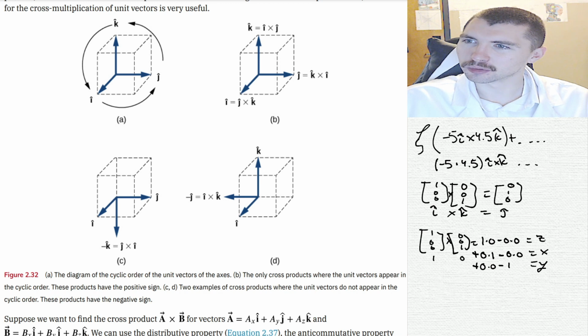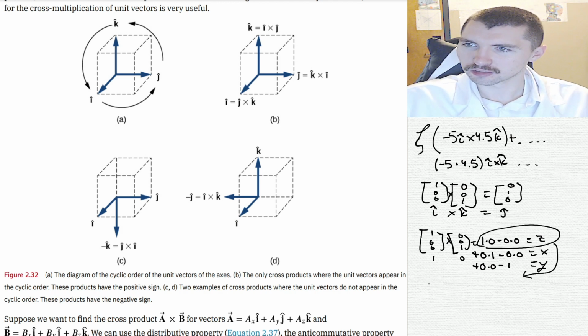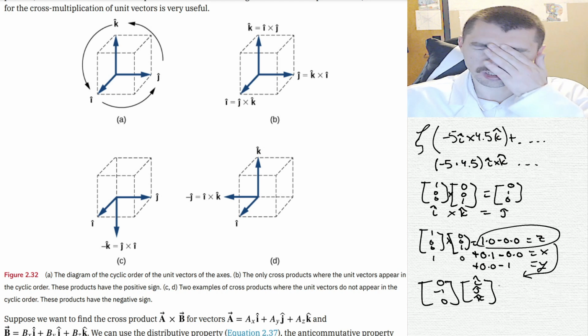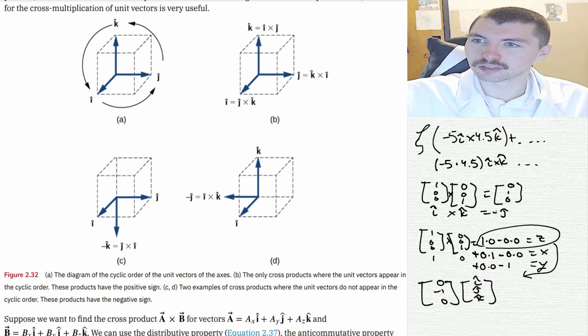Which it would be the second, if we move this under here, then our vector would be 0, -1, 0. Okay, so I think I just proved, so this is actually a negative j, this is actually -1.